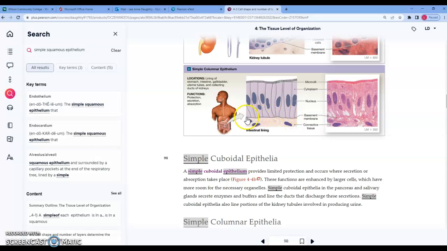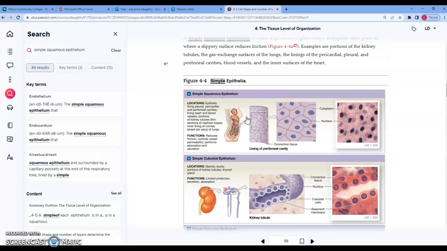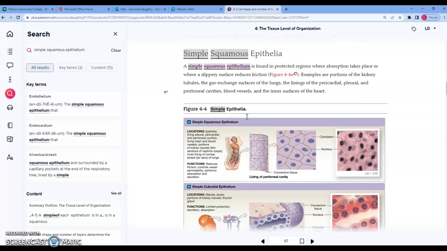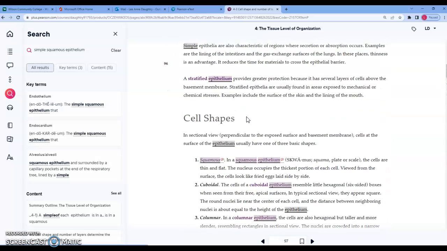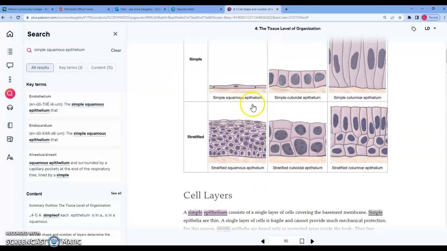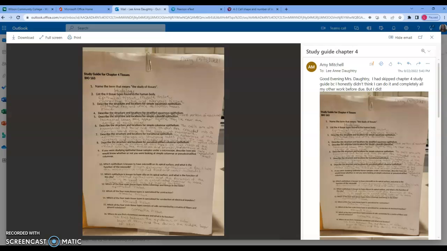You always have a basement membrane here. It's not showing it in the simple squamous, but we can come up to this picture here. This would be the basement membrane of simple squamous epithelial tissue. This would be the basement membrane of stratified squamous. I think you probably get the idea.